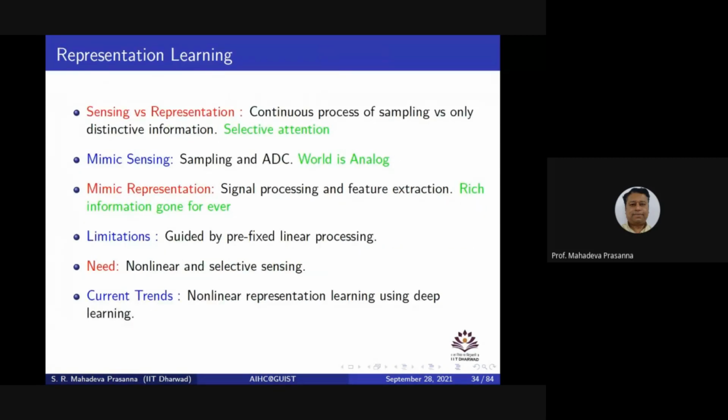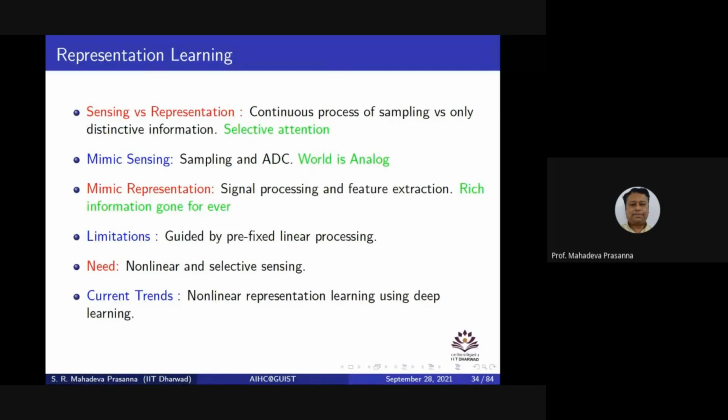If you see the deep learning model nowadays, there are two activities which stand out, as I highlighted earlier. One is representation learning, the other one is pattern discovery. Representation learning essentially refers to automated feature extraction from the raw data by way of nonlinear processing.